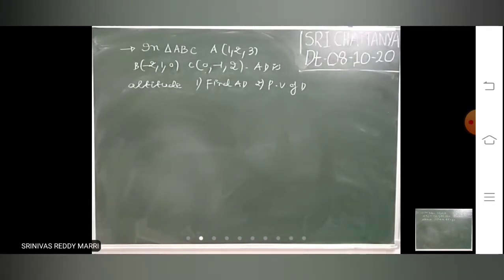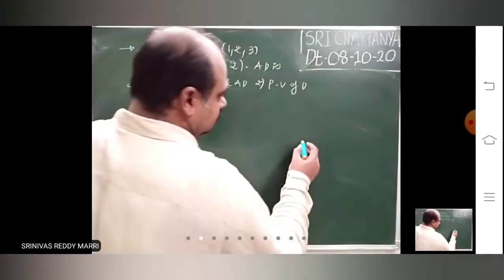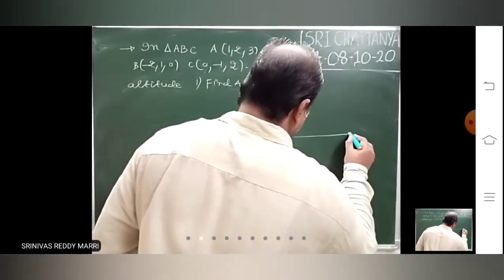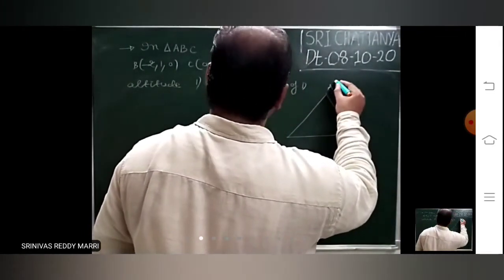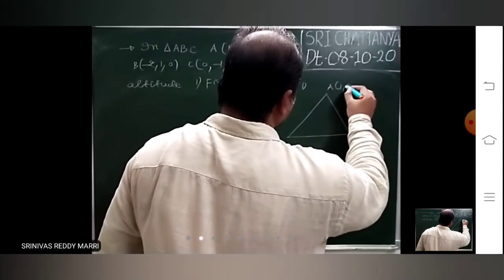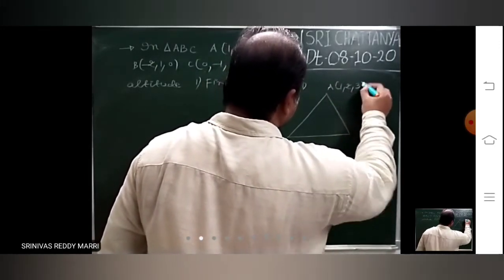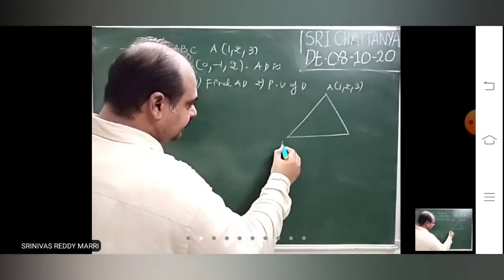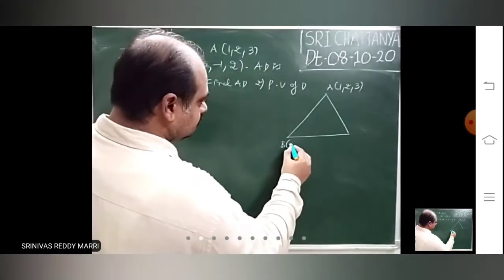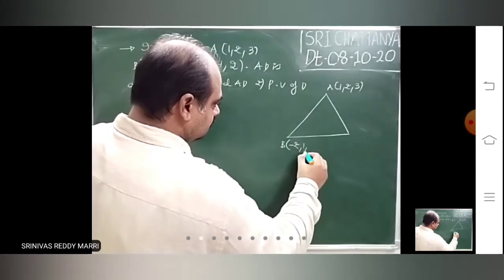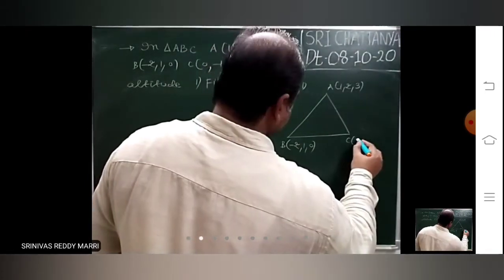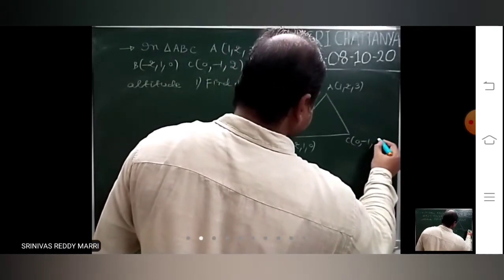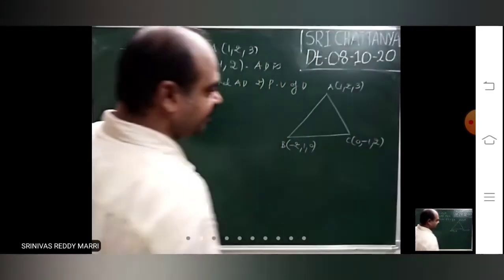So, draw the diagram. So this is A (1, 2, 3), B (-2, 1, 0), C (0, -1, 2).